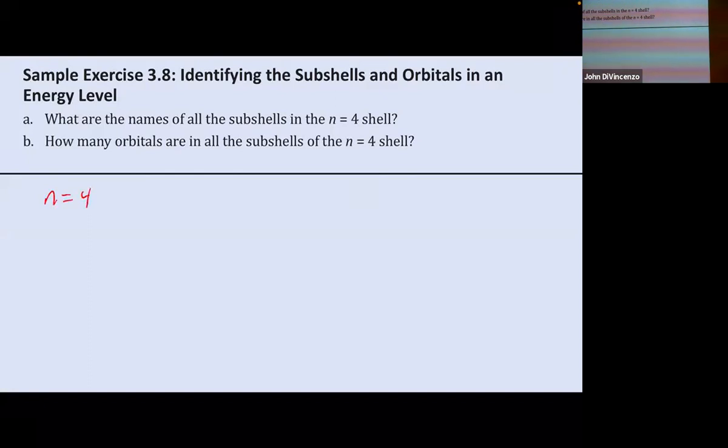So for N equals 4, what are my possible values of L? Andrew? Well, more than just 3, right? What are all the possible values? Thank you. 3, 2, 1, and 0, right?